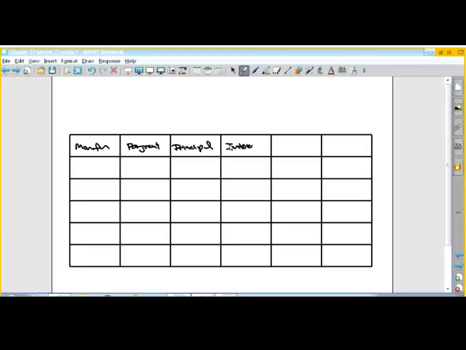You've got the interest. I'm missing something. What am I missing here? Oh, total interest. The total interest is just the total amount of interest you pay as you go through the loan. And then you've got your balance. That's how much you still owe.